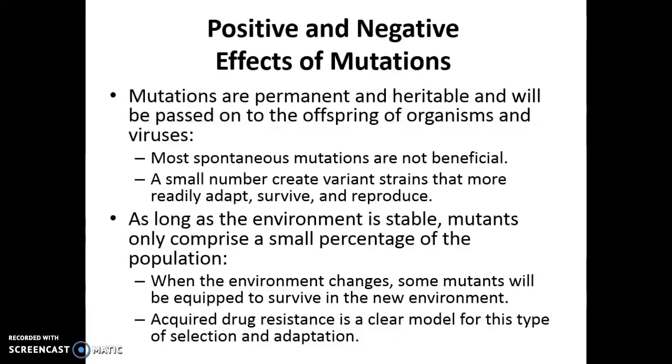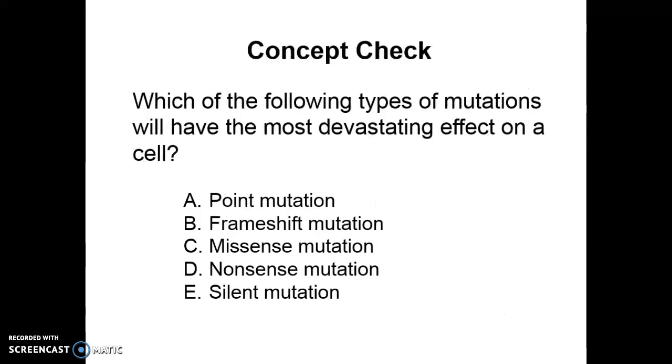Those bacteria no longer die when they are exposed to those antibiotics. And then instead of having normal susceptible bacteria in your body, those normal susceptible bacteria are killed off by the antibiotic. But then those few mutants that are able to survive the antibiotics will grow up and flourish, and then that is the main new population within your body.